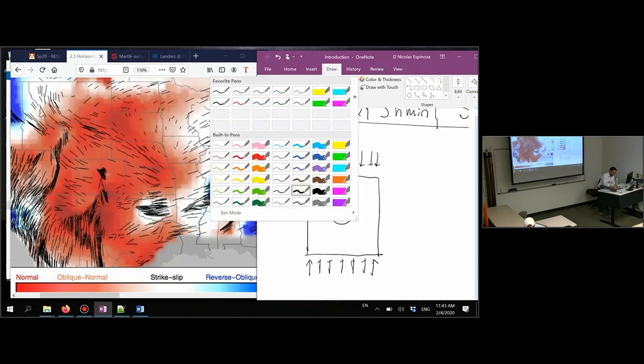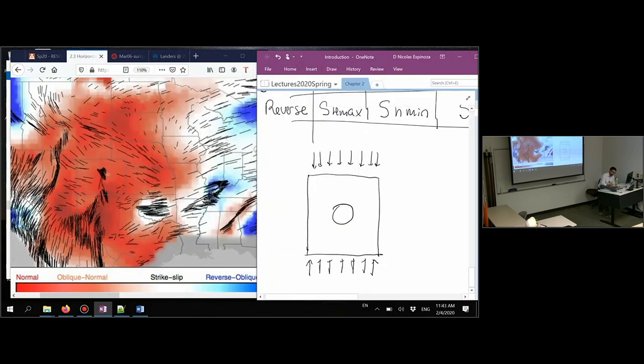If you were to draw the direction of the maximum stress in this particular location, close, far from the cavity, it is going to be like this. This is telling you the orientation of the maximum stress. Same over here.